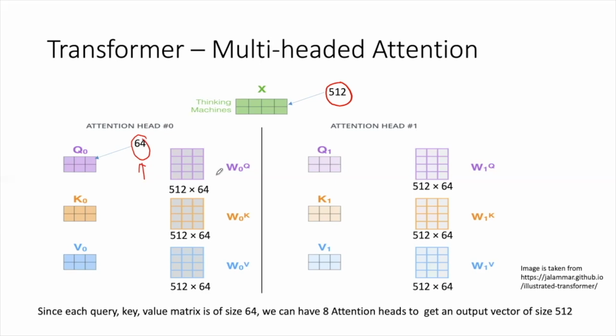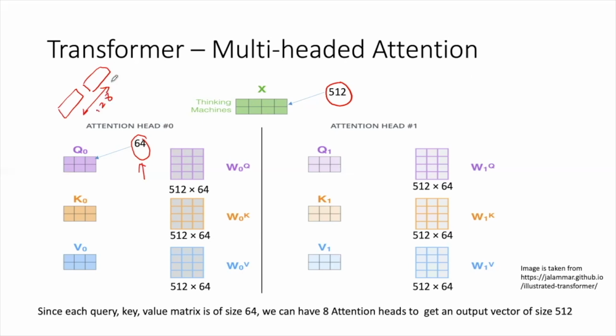There's a concept called multi-head attention, where we generate several such 64-dimensional contextual representations for every input word, and then we concatenate them. Let's say you concatenate two vectors of 64 dimensions, you get a combined vector of size 128.